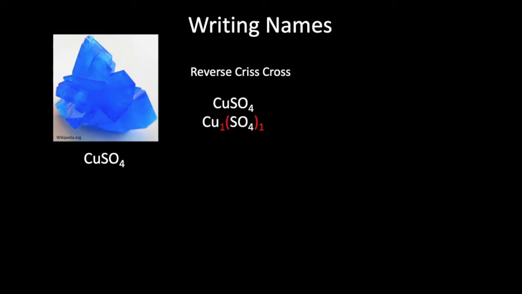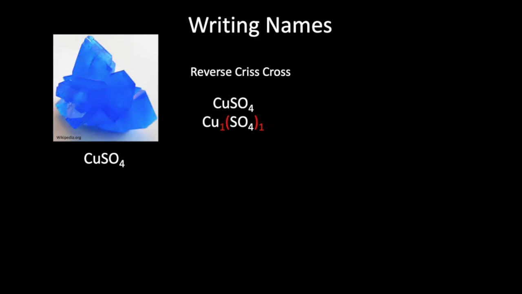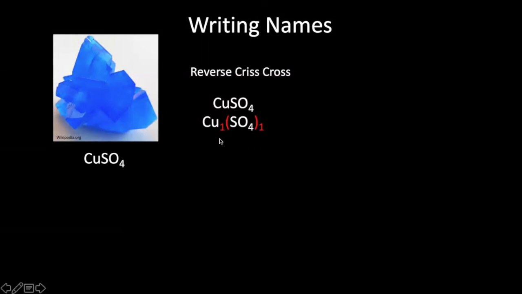And SO4 is a polyatomic, so we have to keep that together. So it means that there's only one of the SO4. So the way we would actually write it would be Cu1 parenthesis SO4 parenthesis 1. Now we would never write it this way, but for the sake of the reverse crisscross, this is the way you need to think of it.